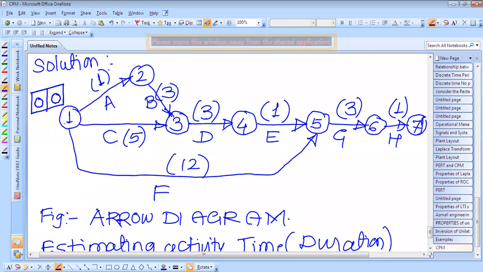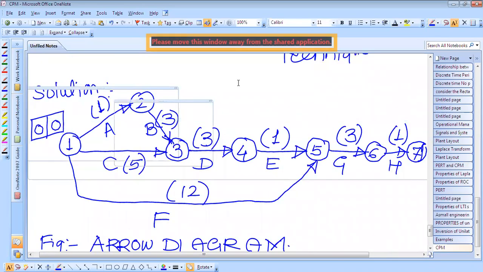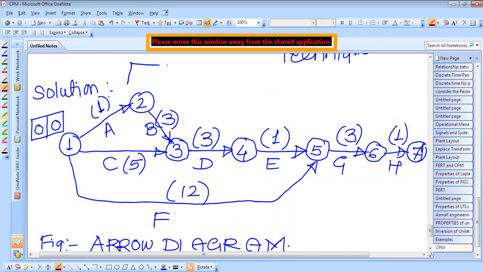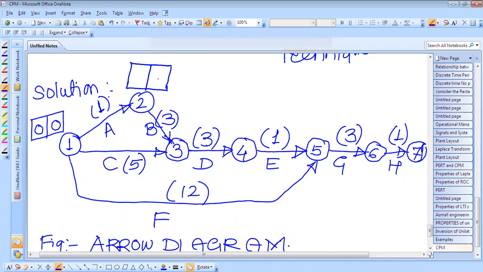Okay, now come to the 2-3 activity. For the 2-3 activity, what is the EST and LFT?